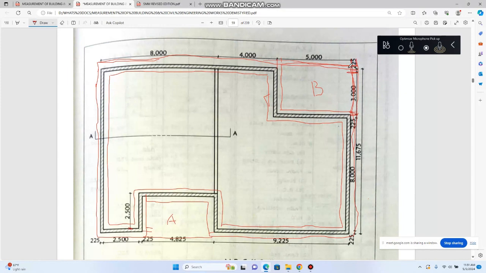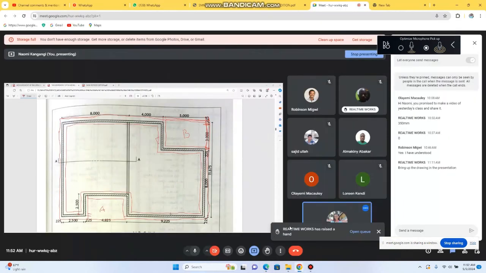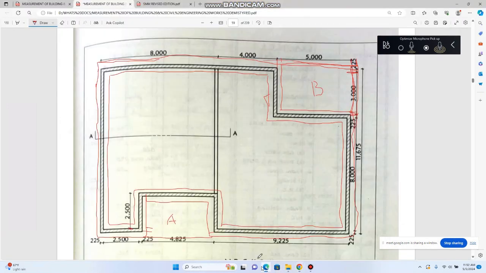It shall be 3225. Are you guys still in class? You can hear me? All right. Robinson is in class. All right, Alan, I saw you. So, the dimensions for the void B shall be 5,000 by 3225.